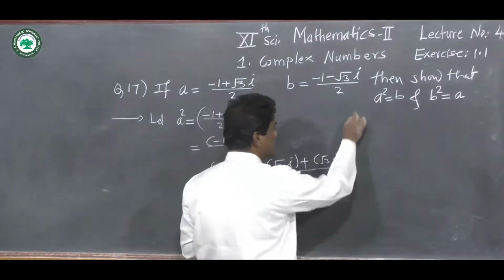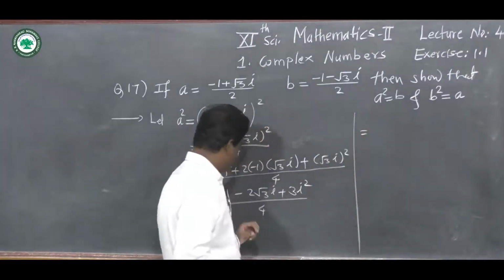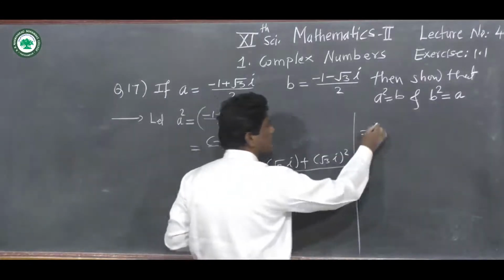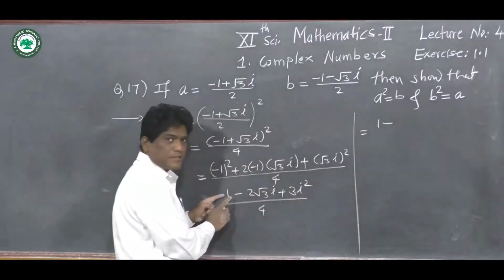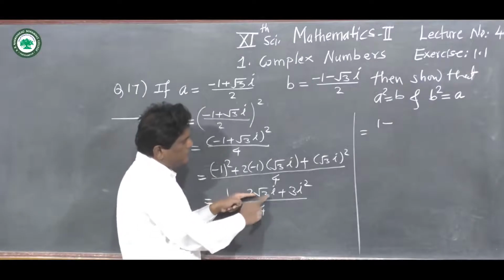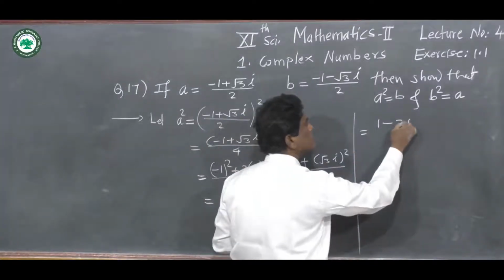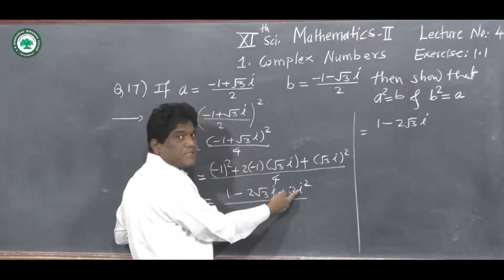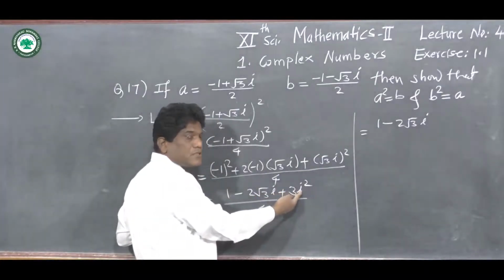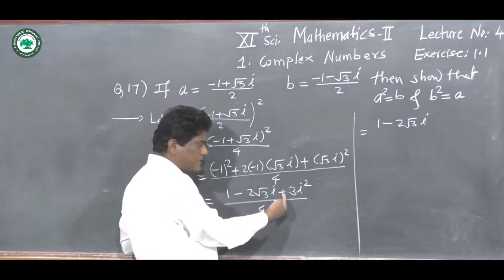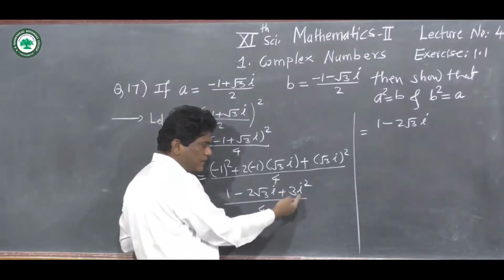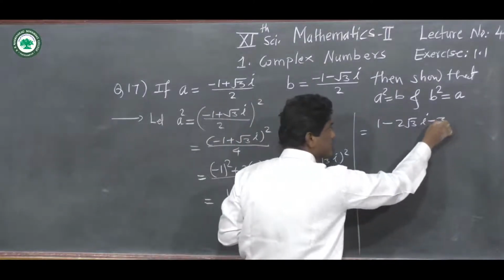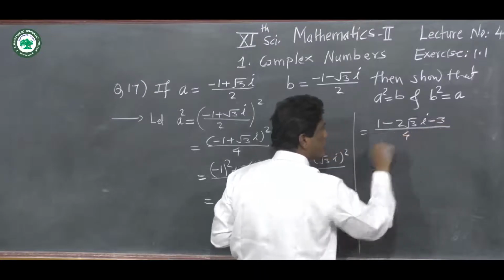So it is equal to this 1 as it is, 1 minus 2 into root 3i, plus, but here i square is minus 1, we know i square is minus 1, so minus 3, divided by 4.